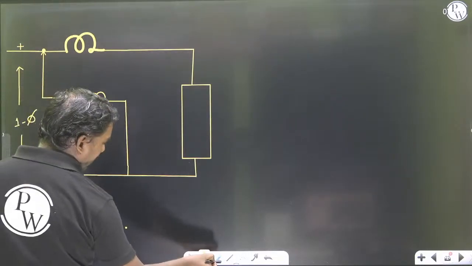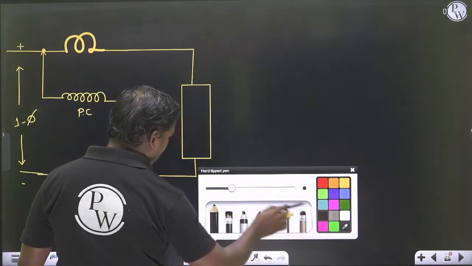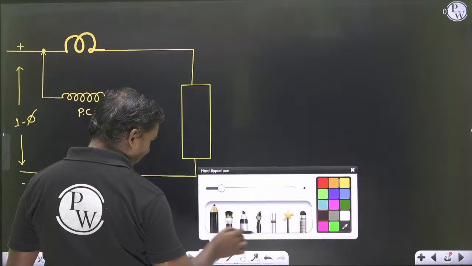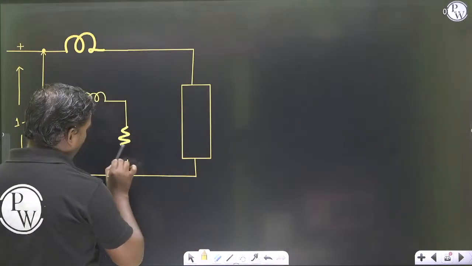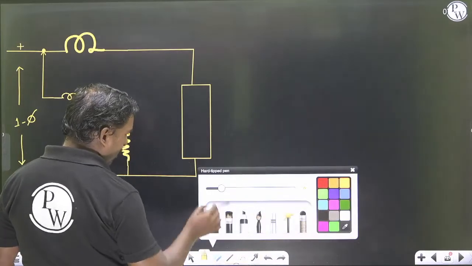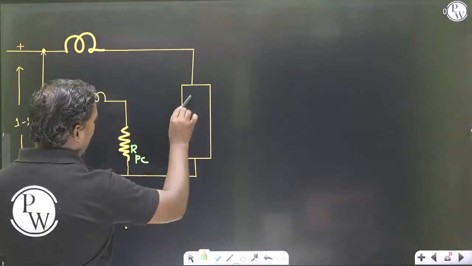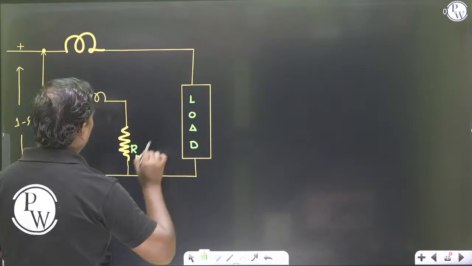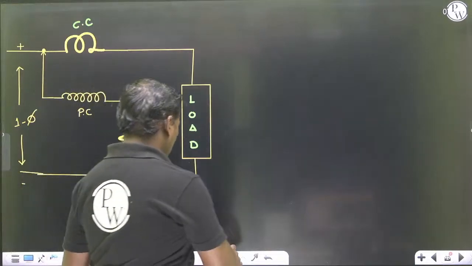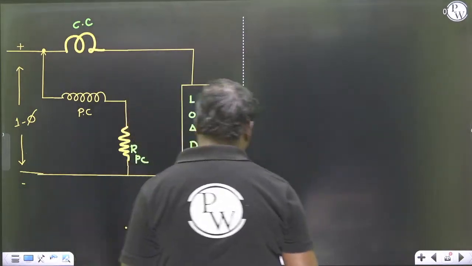Actually we should keep a resistor here. This is the resistance of the pressure coil, which is high. This is a load. This is one connection. This is a current coil. The other connection here is same to same.